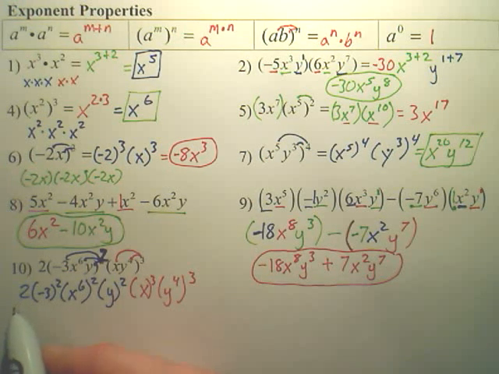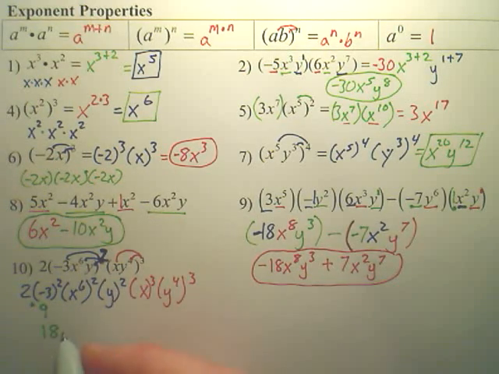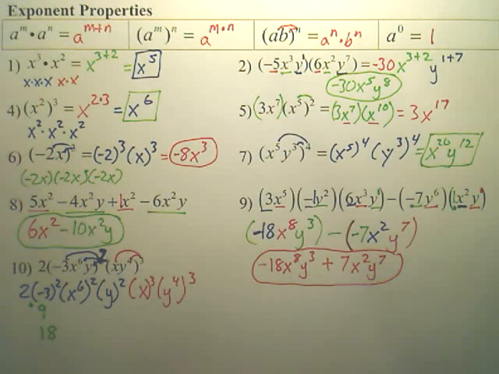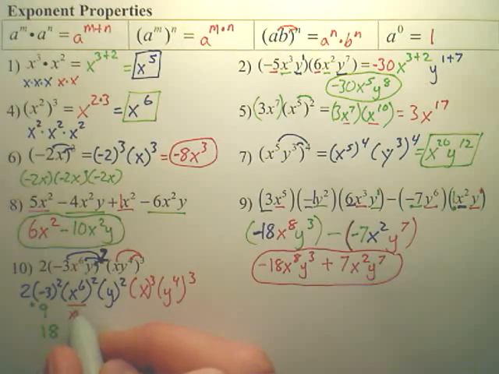Does this 2 have anything to combine with? No. Actually, yes. What's negative 3 squared? Is that 9? And what's 2 times 9? So doesn't the front going to be 18? Okay. What's this going to become? Won't this become x to the 12th?